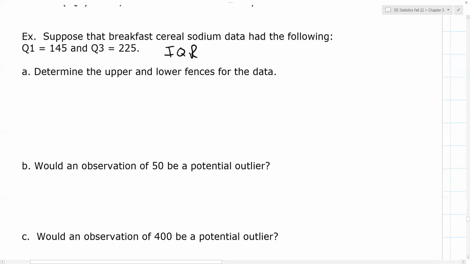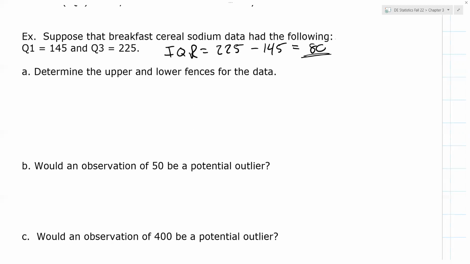All right, so first thing we have to do is actually find our IQR, which is going to be 225 minus 145, which gives us 80. So our IQR is 80. Next, we actually find our upper and our lower fence. That's going to be step 3.